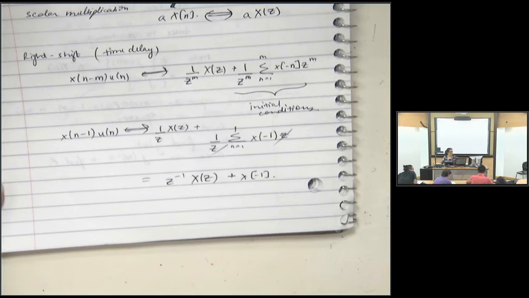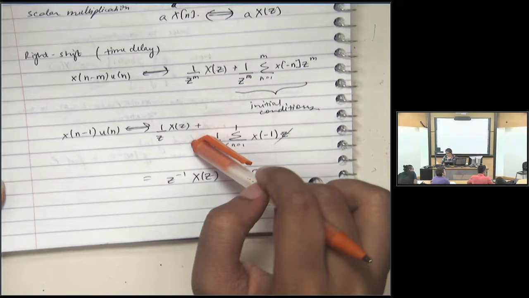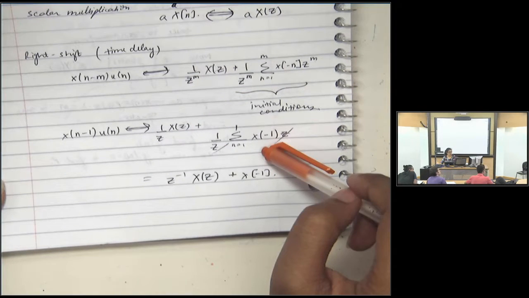So don't forget these initial conditions. Don't just write the first term and be done with it. Check if you have initial conditions, or if it's given that the initial conditions are 0.